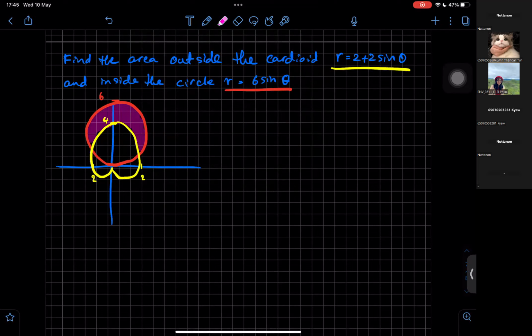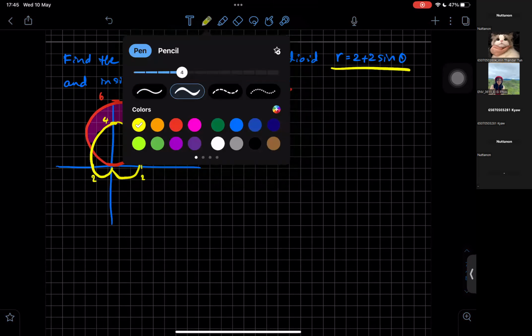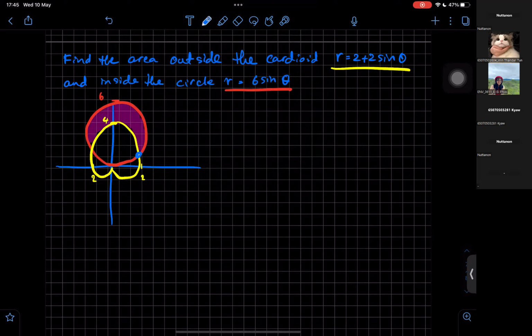Okay, how are we going to do it? What we need to do is, first we need to find these 2 points, the intersection points. So we let these 2 equations equal to each other. We get 2 plus 2 sine theta equal to 6 sine theta.